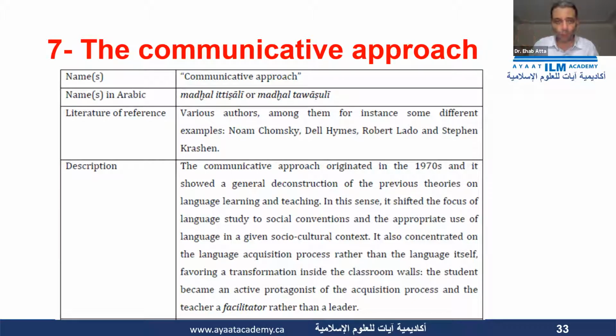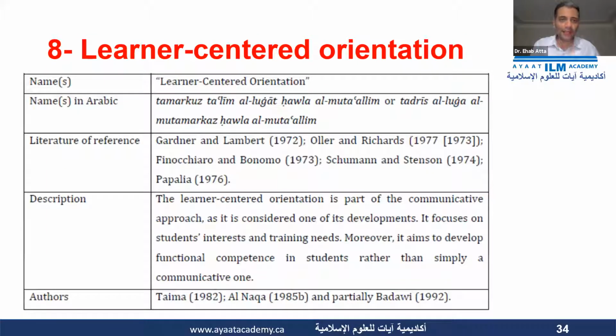The communicative approach, and a part of the communicative approach is the eighth orientation or method, which is the learner-centered orientation. The learner-centered orientation is part of the communicative approach, as it is considered one of its developments.